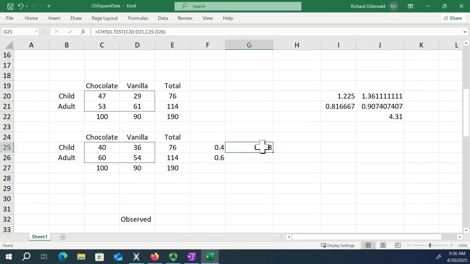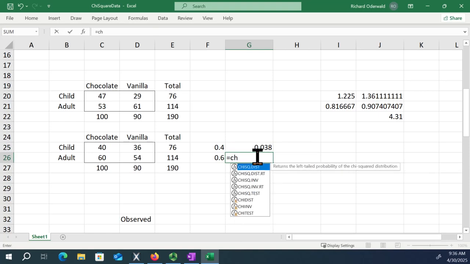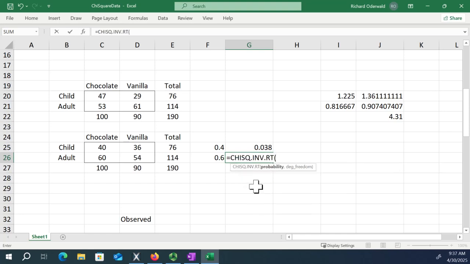Here, I got 0.038 in the right-hand tail. Pick a spot, equals, then CHI, and I have a probability, and I want to go to number, so I'm using chi-square.inv.RT. I need the right tail, and there's the probability.